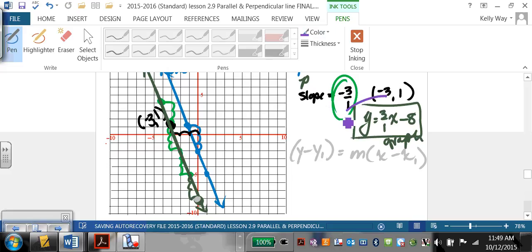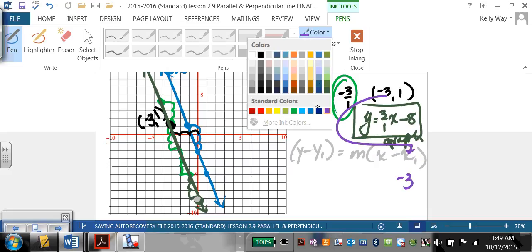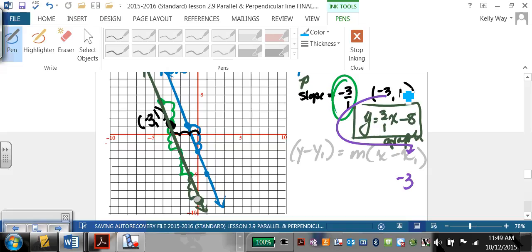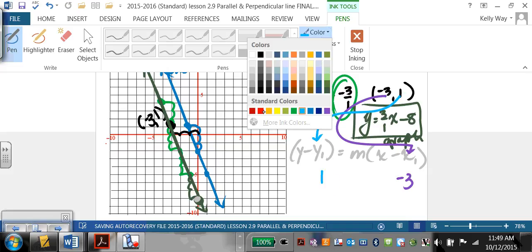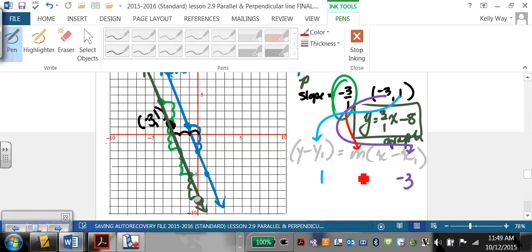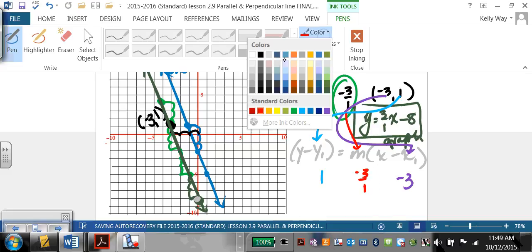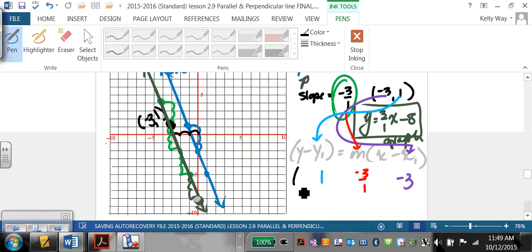This -3 is going to go right there. This goes right there. And then the slope goes right there. Bring down the equation around it. You just plunk it in. Yeah, there you go. This is a double negative, becomes a positive.